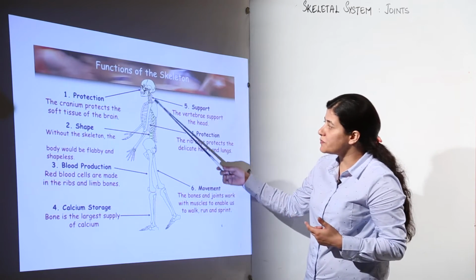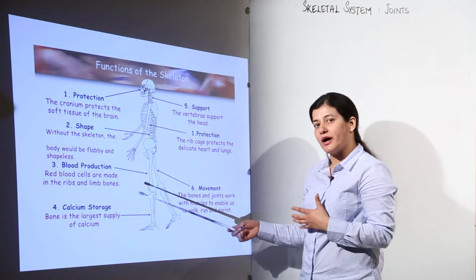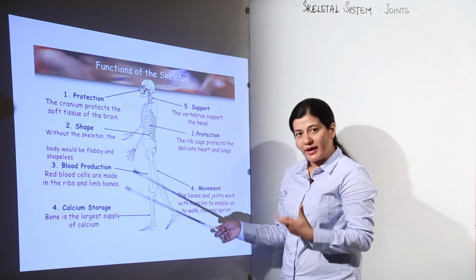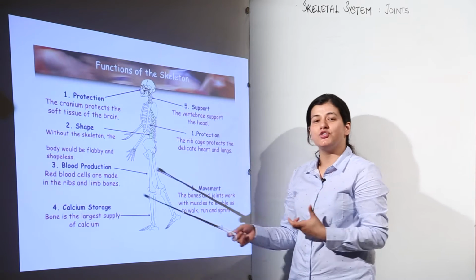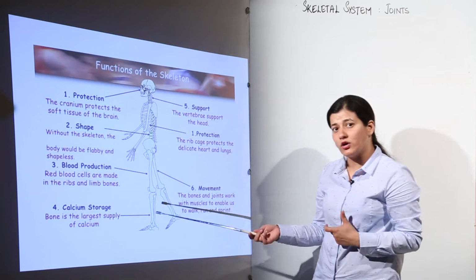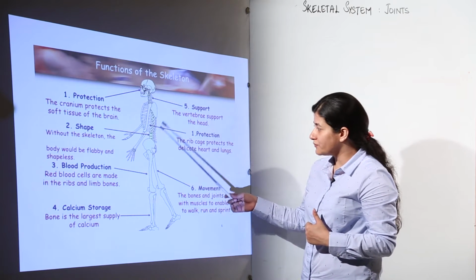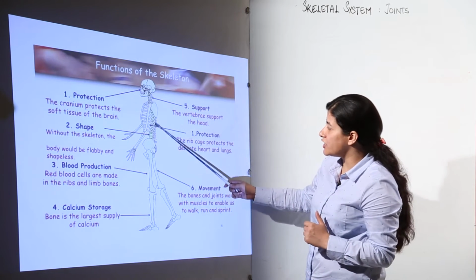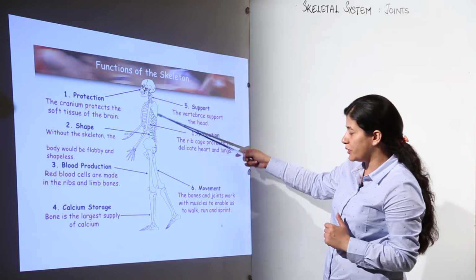The rib cage is providing the protection to another important part of the central nervous system, that is the spinal cord. And you know that whenever there is an injury, the person cannot move for the entire life because the spinal cord is damaged. So I'm sorry, it's not the rib cage, it's the vertebral column I'm talking about over here.